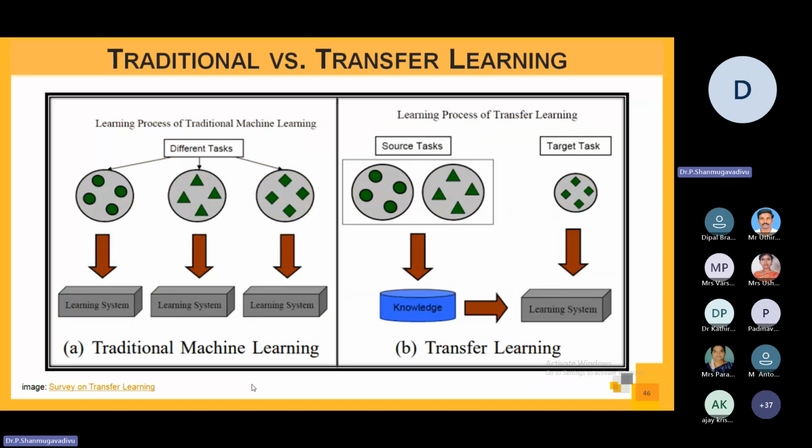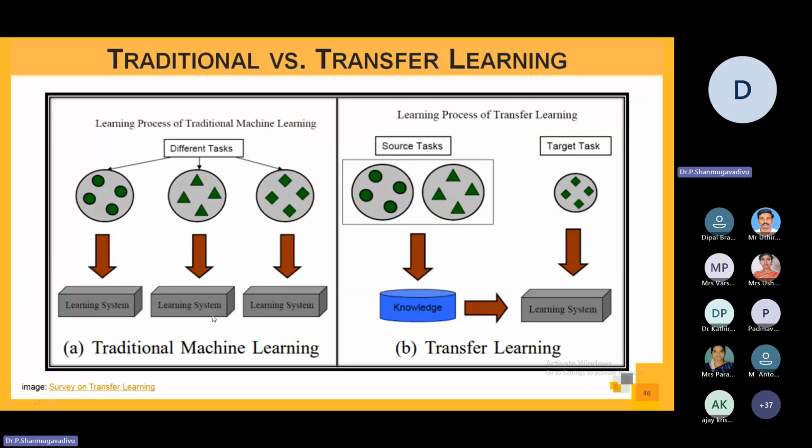Traditional versus transfer learning. In the learning process of traditional machine learning, you can see you have a learning system with different tasks: a circle, then a triangle, then a diamond. It's happening, then source task and target task.